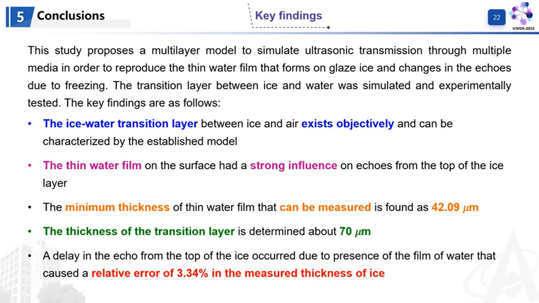The thickness of the transition layer is determined as about 17 micrometers. A delay in the echo from the top of the ice occurred due to the presence of the water film, which caused a relative error of 3.34% in the measurement of the ice.